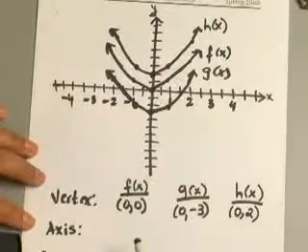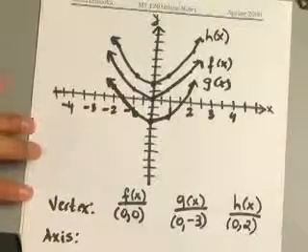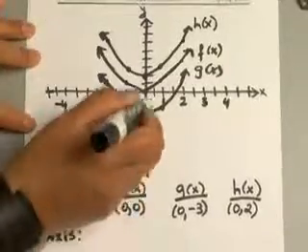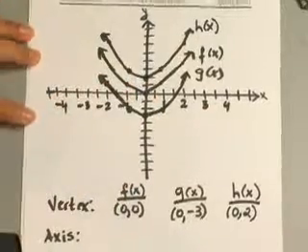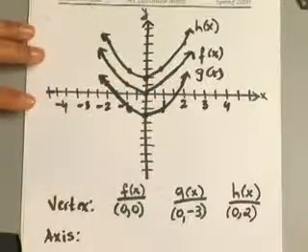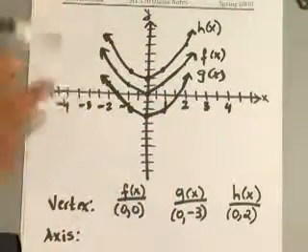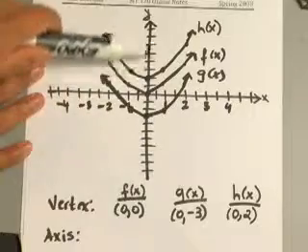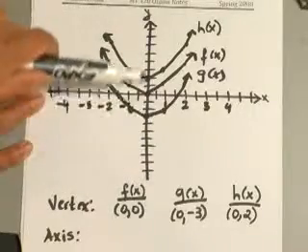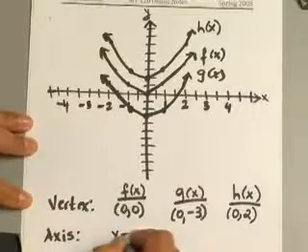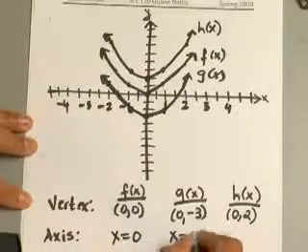Now we want to talk about the axis. Again, remember, the axis is the vertical line that goes through the vertex of your parabola. Now, if you look at all 3 of our graphs, you can see that their vertex are all lined together under the same column, so they all share the same axis of symmetry, and you will see that your axis of symmetry is the y-axis itself, and the equation for the y-axis, of course, is x equals 0.